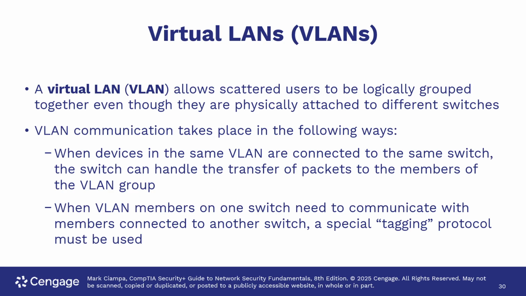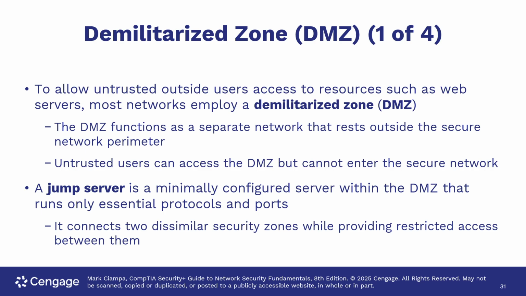When devices on the same VLAN are connected to the same switch, the switch can handle the transfer of packets to the members of the VLAN group. When VLAN members in one switch need to communicate with members connected to another switch, a special tagging protocol must be used. To allow untrusted outside users access to resources such as web servers, most networks employ what's called a demilitarized zone, or DMZ.